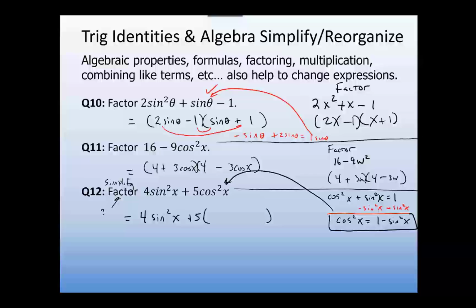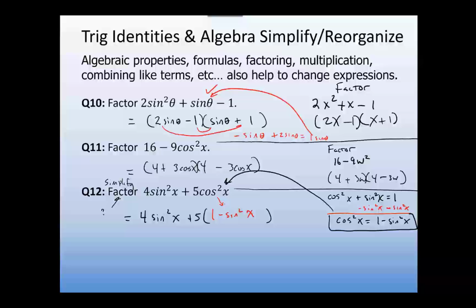Now it looks like I'm making it harder by plugging this in. But in one sense, it's better. Now I want you to know what I'm doing here. I'm using the Pythagorean identity, and I did make it a little bit harder, but the advantage I gained is my statement is 100% about sine.